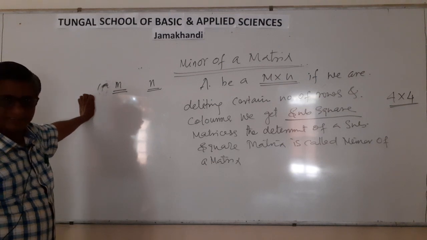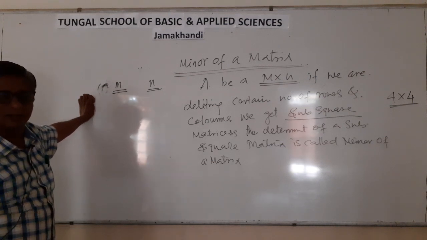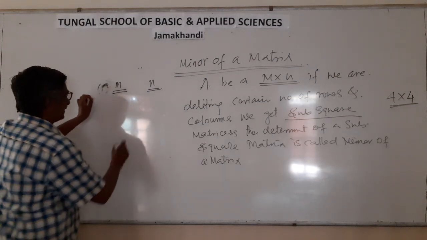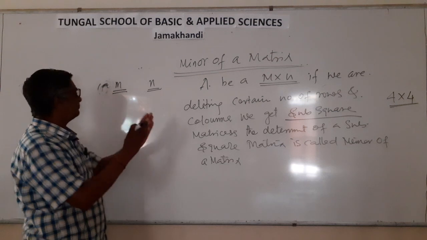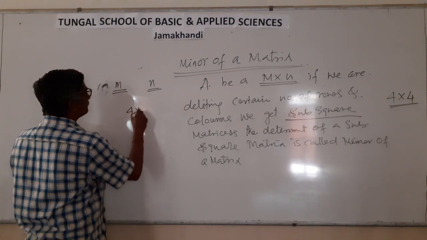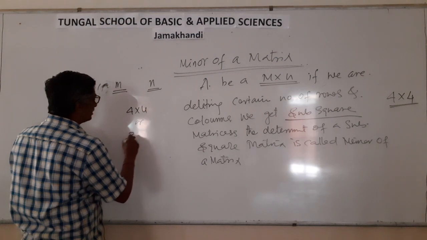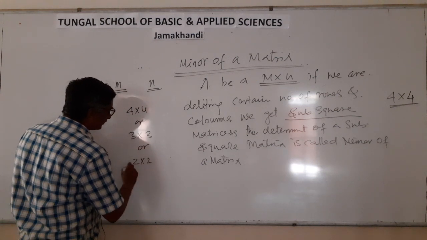In that case, you delete a certain number of rows and columns and you get a sub-matrix, meaning a sub-square matrix, that must be 4 by 4 or 3 by 3 or 2 by 2.